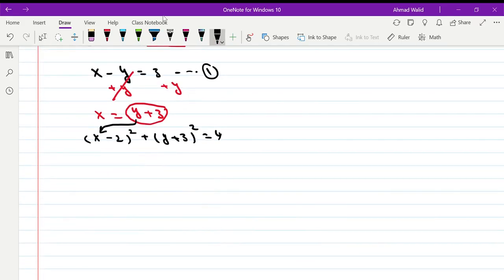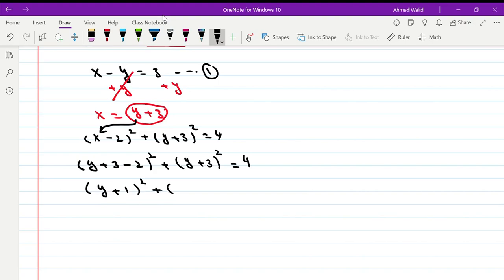It means you end up with y plus 3 minus 2 squared plus y plus 3 squared equals 4. Y plus 1 squared plus y plus 3 squared equals 4.